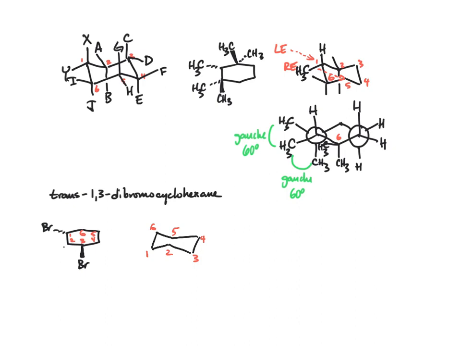So in this chair cyclohexane carbon 1, from the flat cyclohexane we have that bromine going down. What sort of bond should the bromine have in carbon 1 in the chair? Equatorial or axial? It's axial, so it's going down.